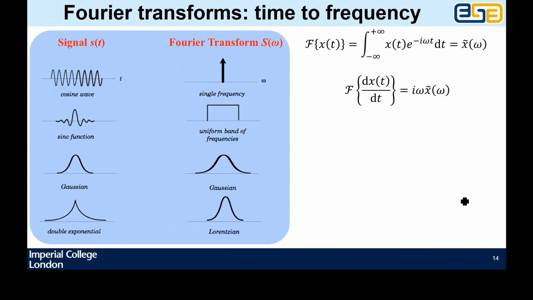The Fourier transform of a derivative is just multiplying the transform variable by i omega. So if you have x tilde, where x tilde is the Fourier transform of x, and when I say tilde, it's that little squiggle over the top. If I've got x tilde and I want to know the derivative of that thing, it's just i omega x tilde.